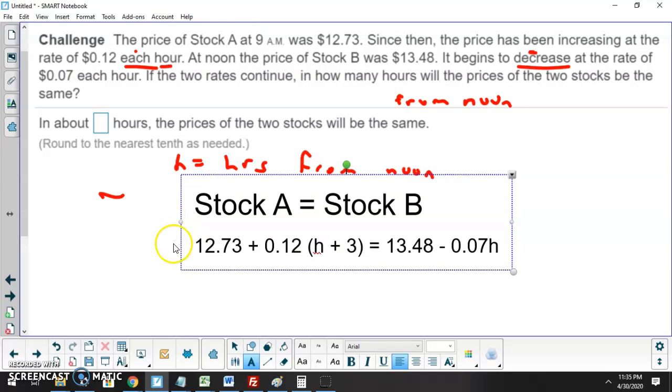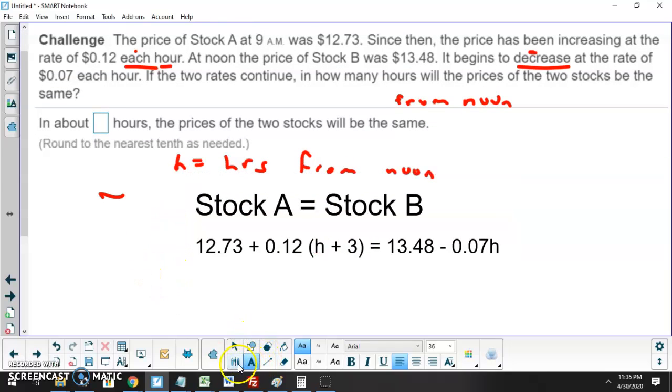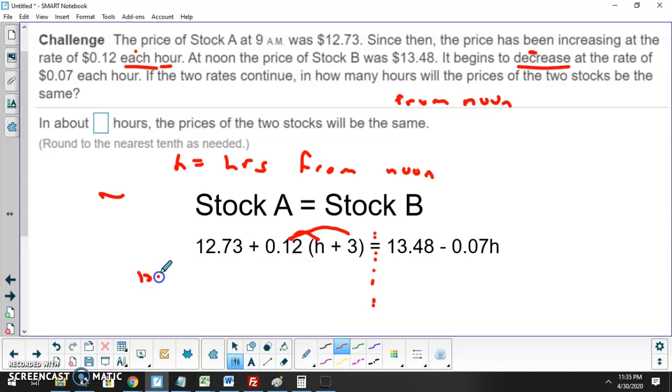All right, and then this one's a little bit trickier because it's not just variables on both sides. Like in the notes I said, the first thing you need to do is simplify each side individually before you move your variables from one side to another. So the first thing I'm going to do is the distributive property. If you have distributive property, you generally want to do that first. Let me just type it, it'd be easier.